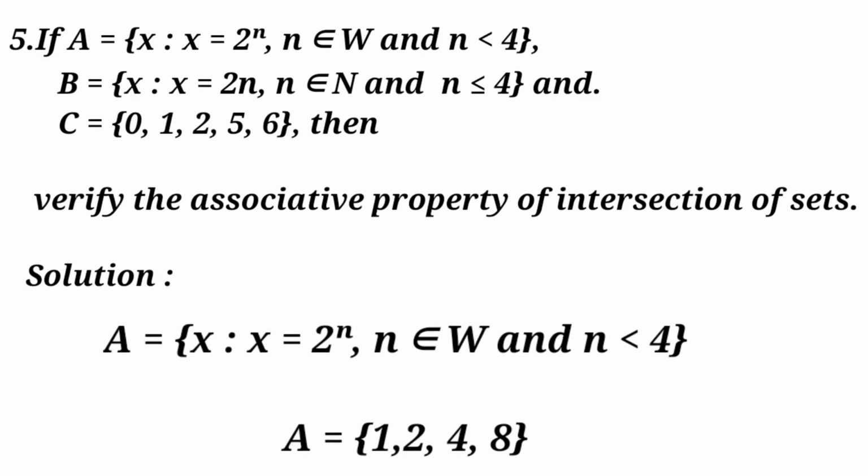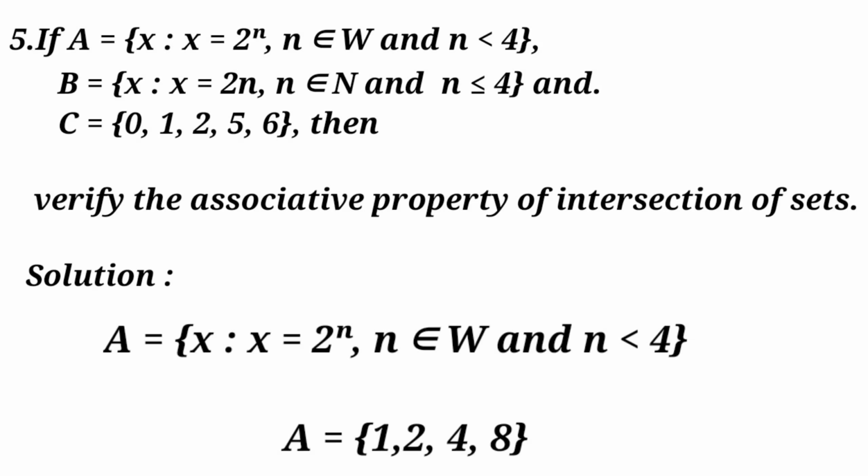Next, fifth one: if A is equal to {x such that x is equal to 2 to the power n, n belongs to W and n less than 4}, B is equal to {x such that x is equal to 2n, n belongs to N and n less than or equal to 4}, and C is equal to {0, 1, 2, 5, 6}, then verify the associative property of intersection of sets.